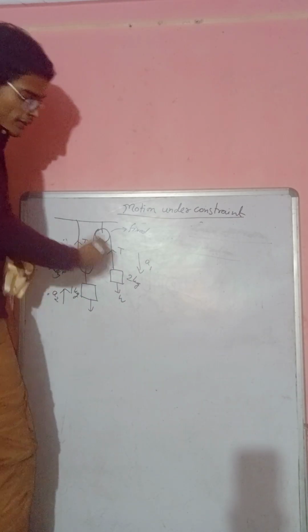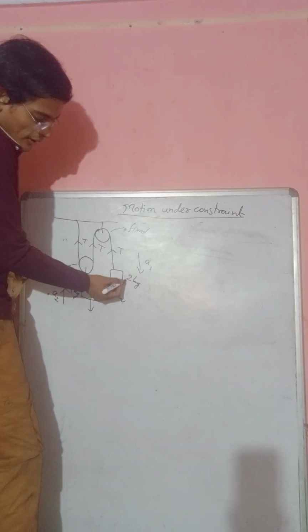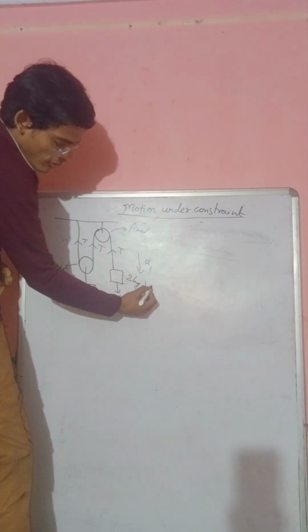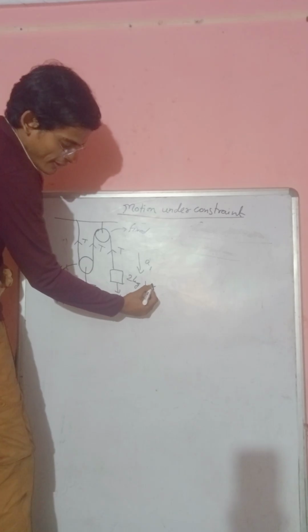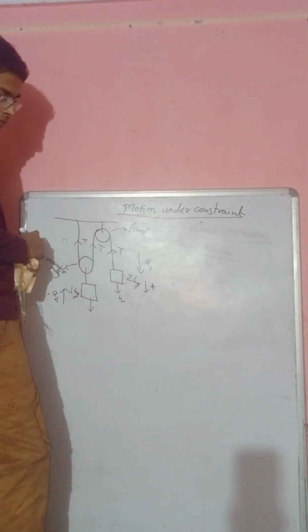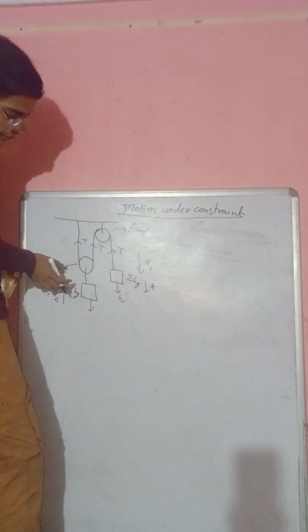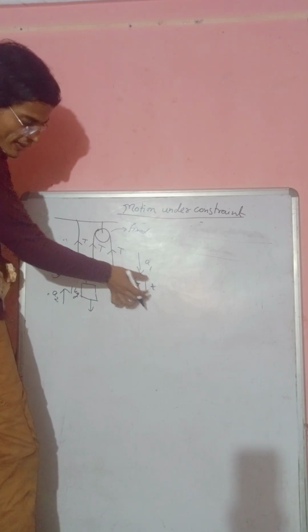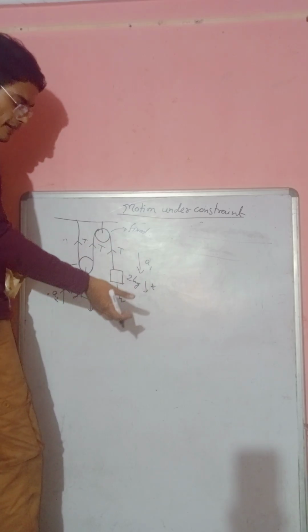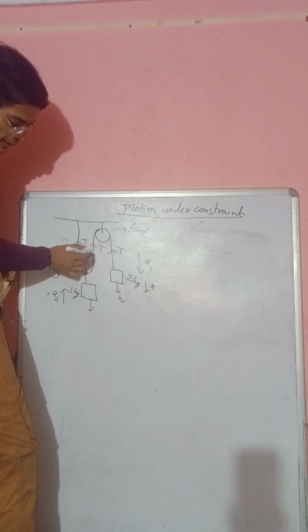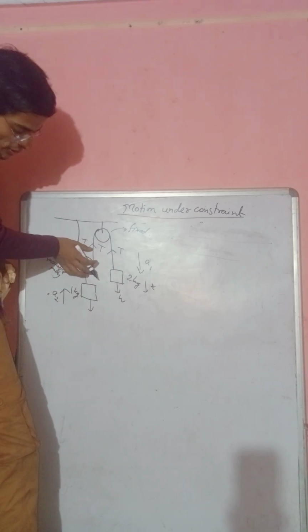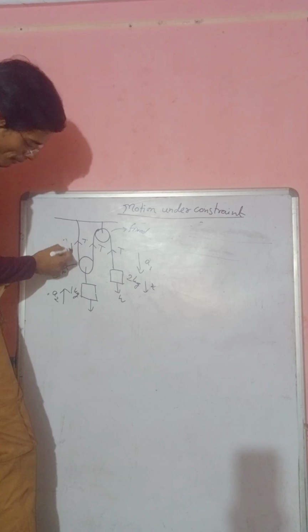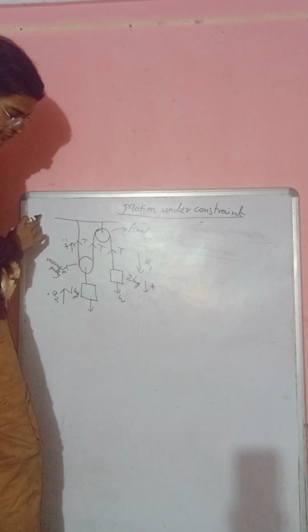Why? Suppose this block moves down by a displacement x. So immediately this string has moved down by x. So definitely we can say the entire string and pulley system will move up by x, right?